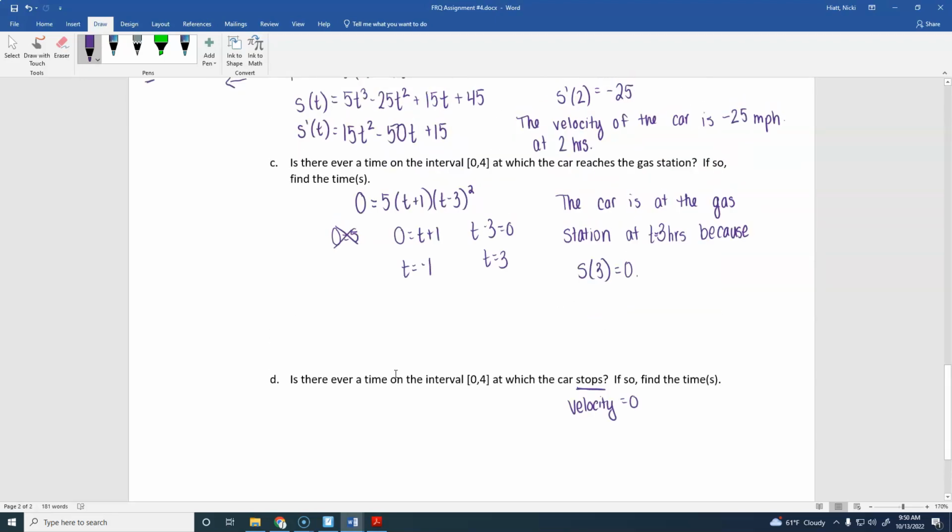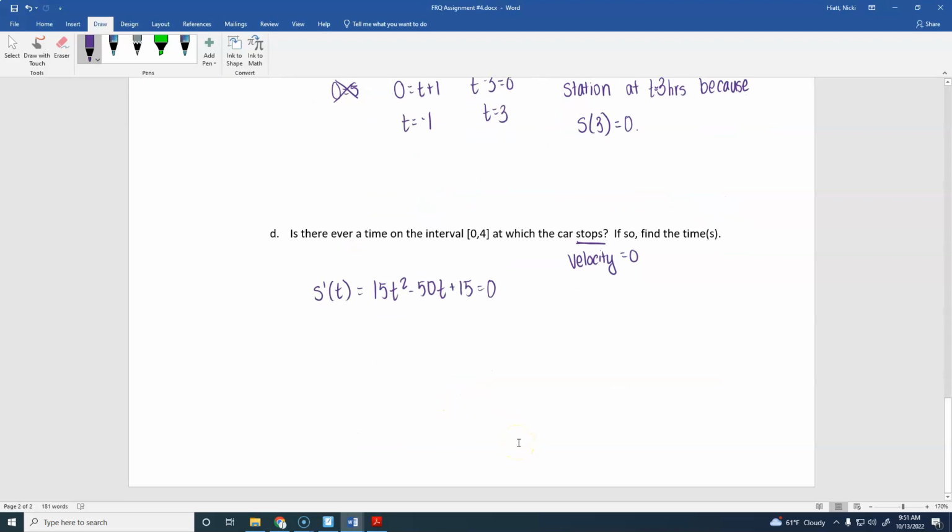So s prime of t was 15t squared minus 50t plus 15. We're going to set that equal to 0. This one, thankfully, we can factor. I would divide everything by 5 first, just to make it a little easier to deal with. So you've got 3t squared minus 10t plus 3 equals 0.